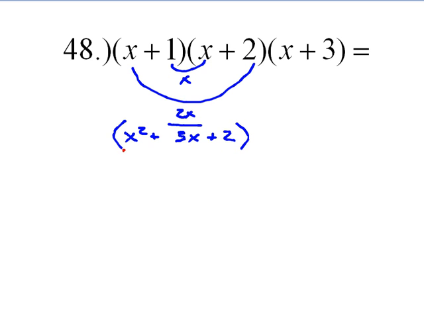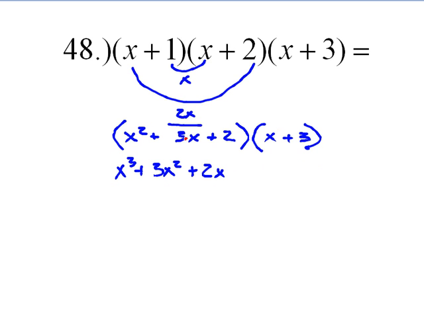Now we're going to take that term and multiply it by x plus 3. So we have x times x squared gives us x cubed. X times 3x gives us 3x squared. X times 2 gives us 2x.